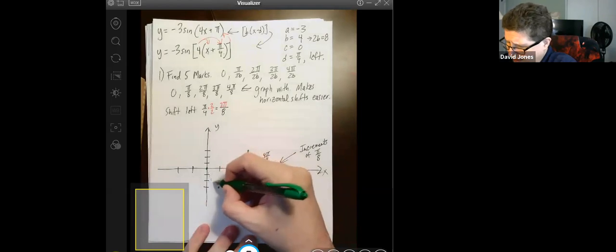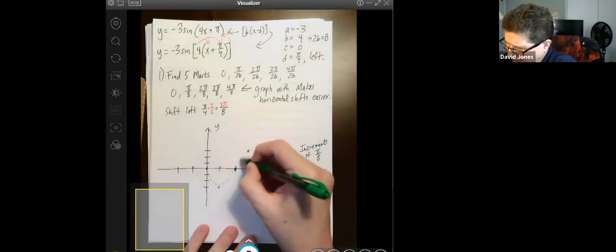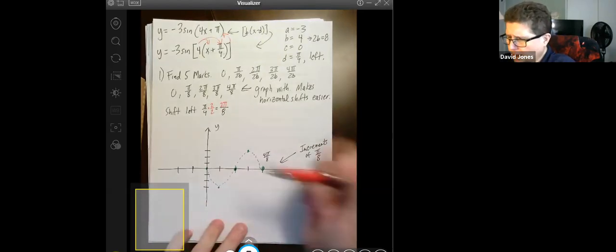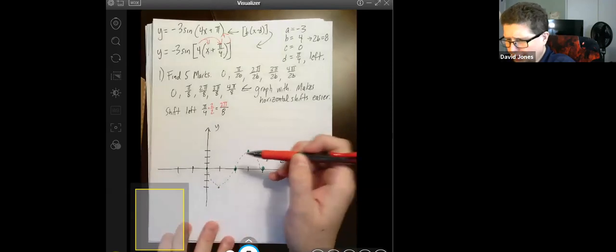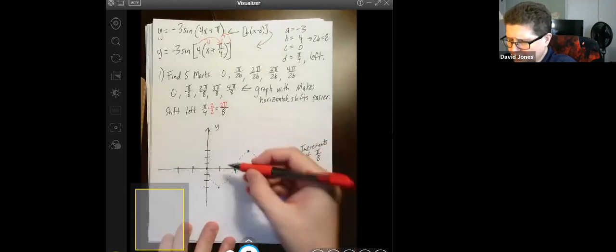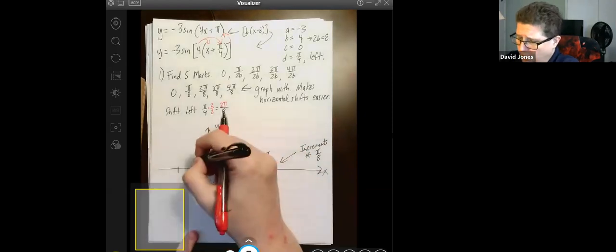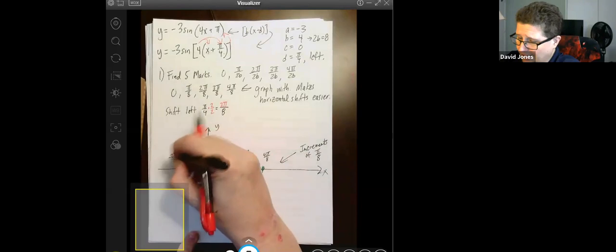Do a little dotted line. And then I do my shift. I want to go left by 2 pi over 8. All of these are increments of 2 pi over 8. So this one over here, 1, 2, this is -2 pi over 8.